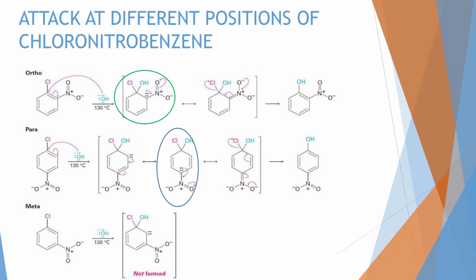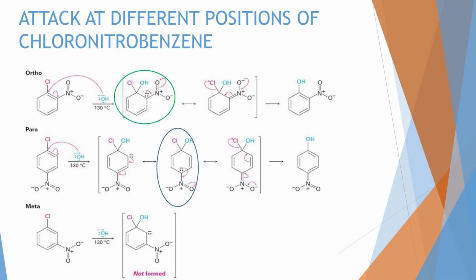You may see the temperature at 130 degrees centigrade, this reaction is taking place and the Cl group is replaced by the OH group. Whereas in case of para also the same product is obtained, only the NO2 group is placed at the para position, whereas in case of meta the product is not formed.